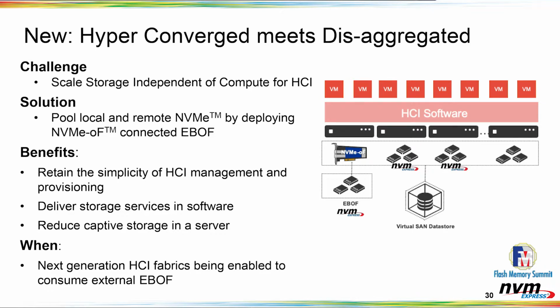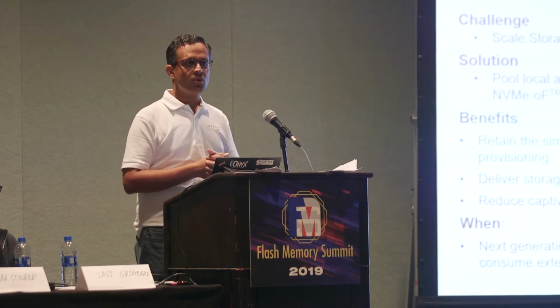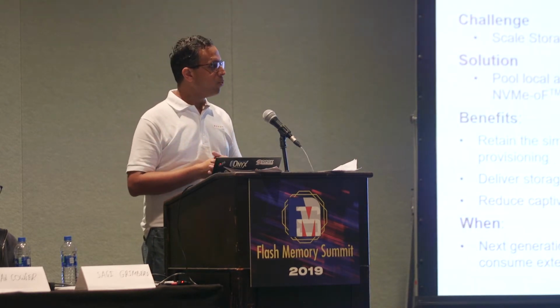The biggest challenge with hyper-converged infrastructure is that if the customer needs to scale their storage, they need to scale the compute along with it, because it is a set of nodes, each with their own local disks, drives and NVMe. If you want more storage, you need to put another server in the mix. Hence, even if you don't need compute, you're forced to buy more compute.